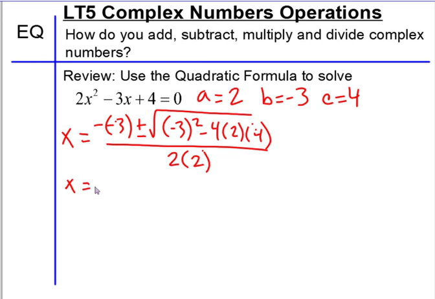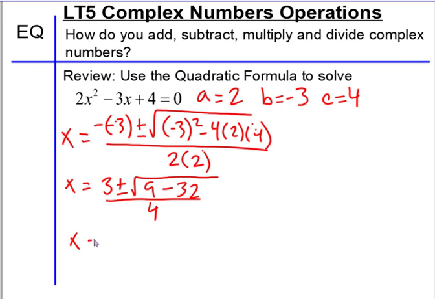Start to simplify this, and we end up with a positive 3 plus or minus the square root of 9 minus 2 times 4 is 8 times 4 is negative 32, all over 4.